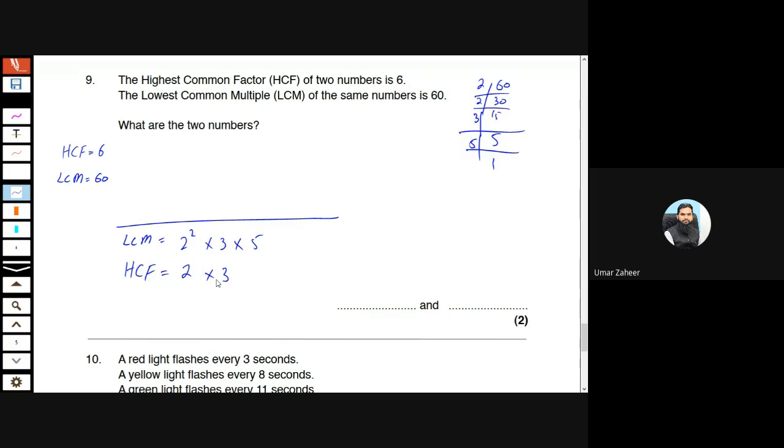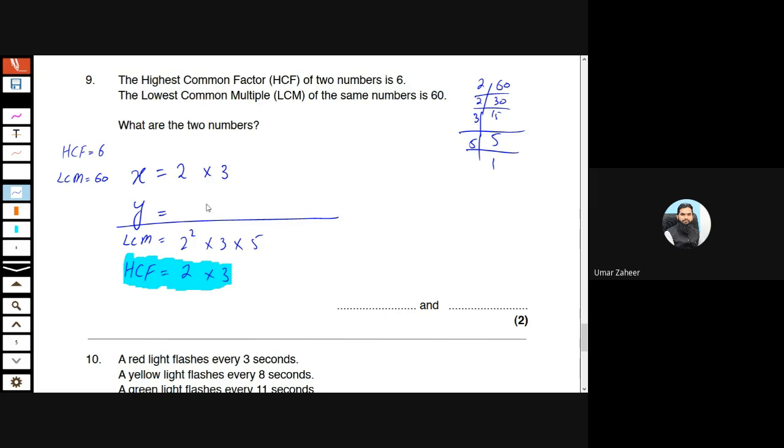Yes. Is it clear? Now we have to find the numbers. Let's say we have any x number and any y number here. First of all, let's see how to focus on HCF. Obviously, in HCF we have to take the lowest power down. This means one number must have a 2 and the least power, 3 raised to power 1. It can't be more because the HCF, the highest common factor, is 2 times 3.